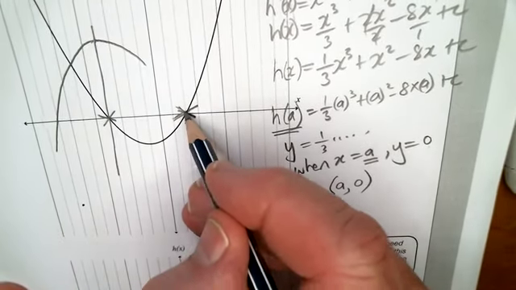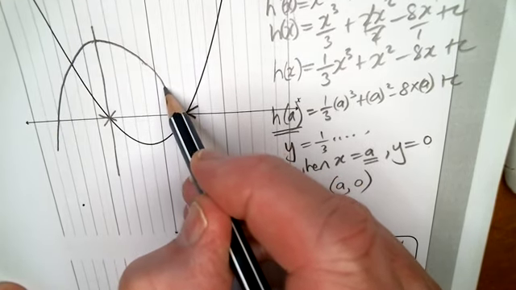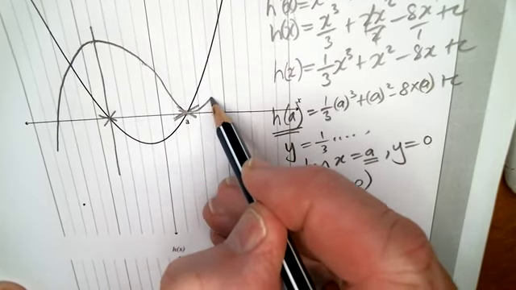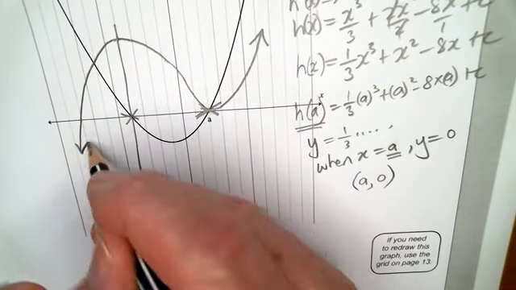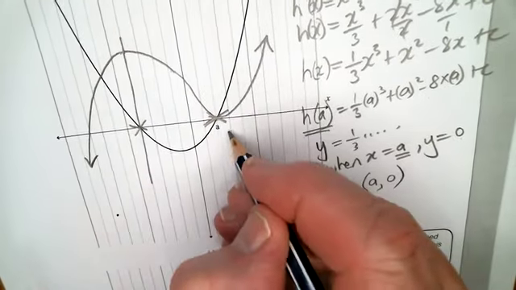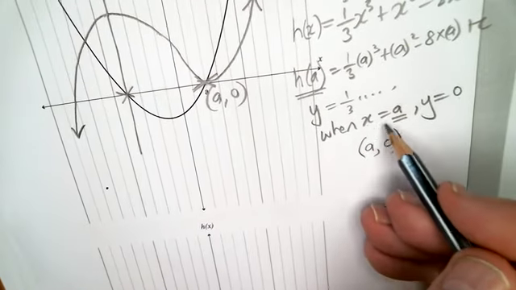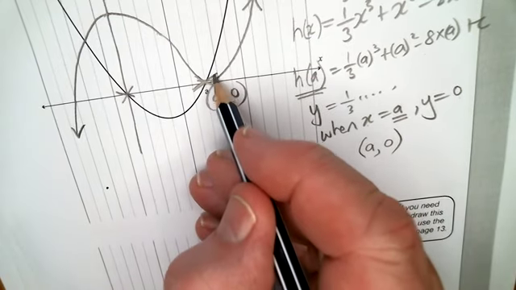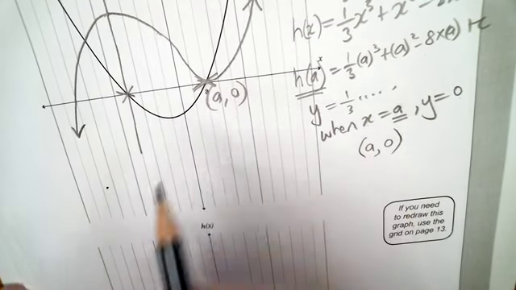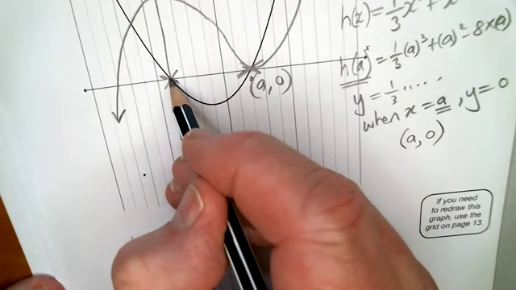So there it is. In other words, it's going to touch that point and it's going to turn at that point. Here we go. So it touches, turns, and heads back up. Now that, by the way, is a terrible graph, but you get the idea. So the coordinate here is a, 0. When x is a, y is 0. And of course, we know it must turn at that point because it must turn where the x-intercepts are.